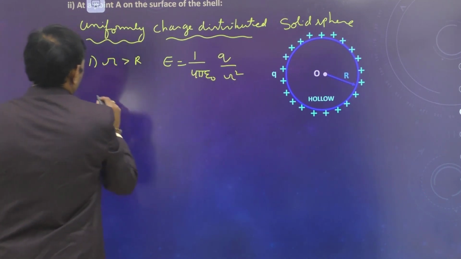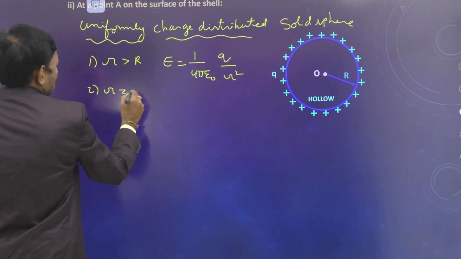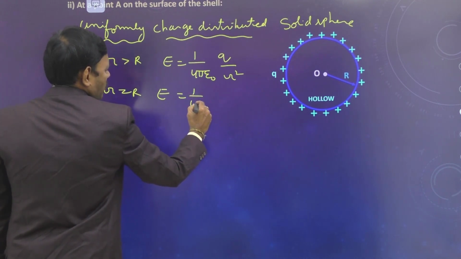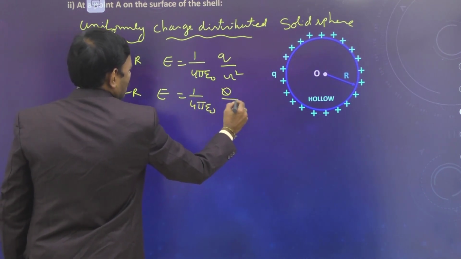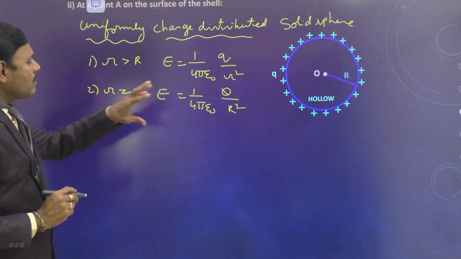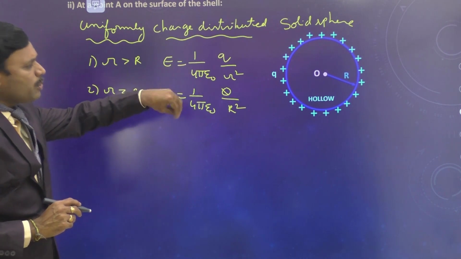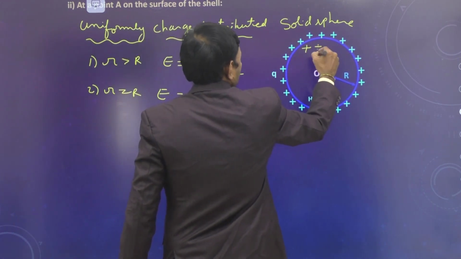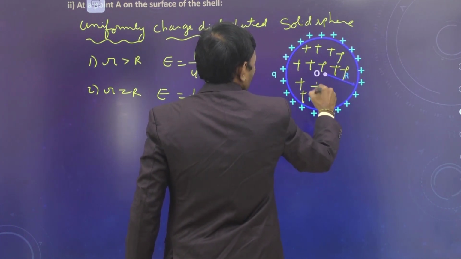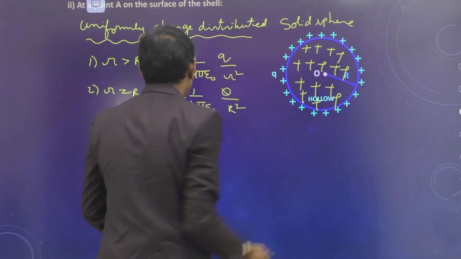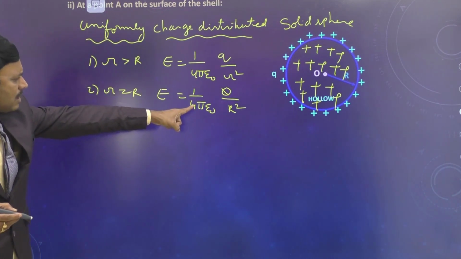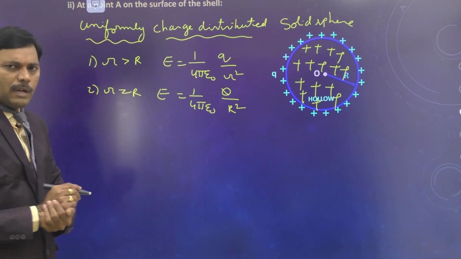On the surface, 1 by 4 pi epsilon naught q by r square, small r is equal to capital R. These two cases are the same as the hollow sphere, even for a uniformly charge distributed solid sphere. So charge is there uniformly, it is distributed inside the sphere also. For that, at an outside point, the formula is 1 by 4 pi epsilon naught q by small r square. On the surface, 1 by 4 pi epsilon naught q by capital R square.